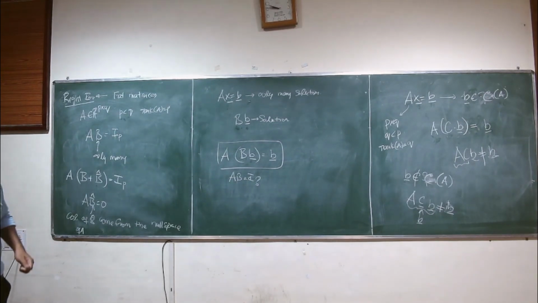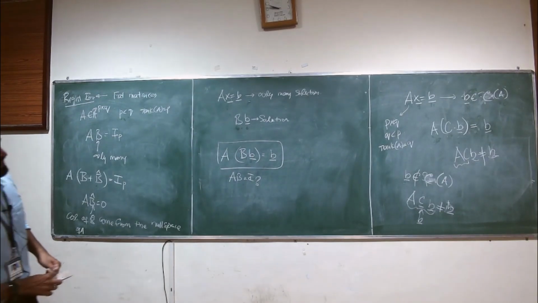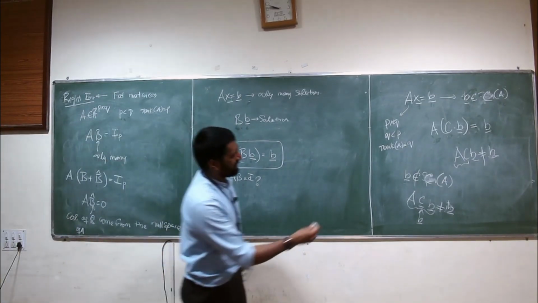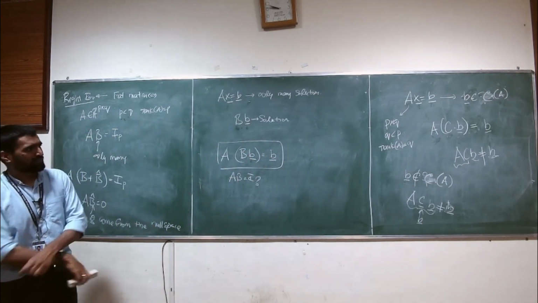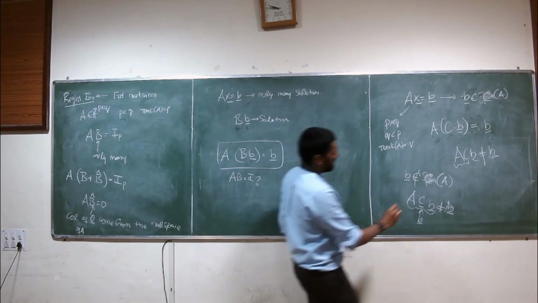Now, maybe you're asking, what do these infinitely many left inverses and right inverses correspond to?